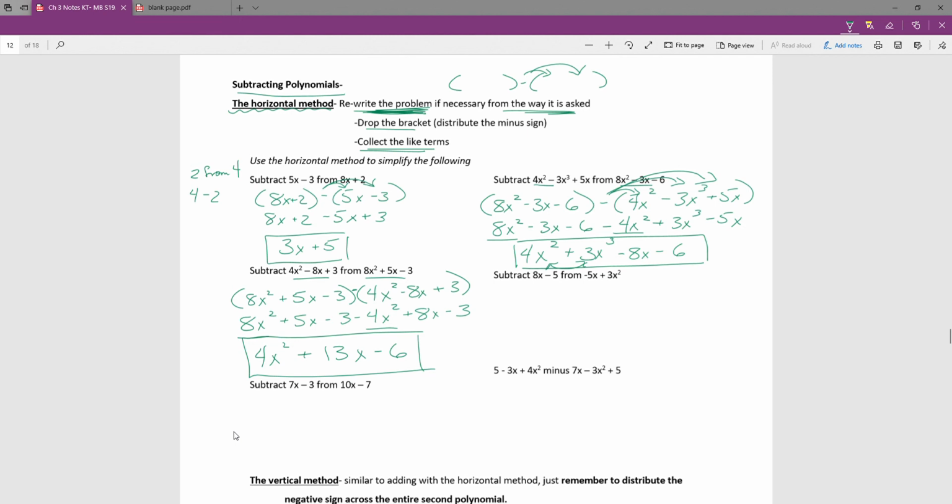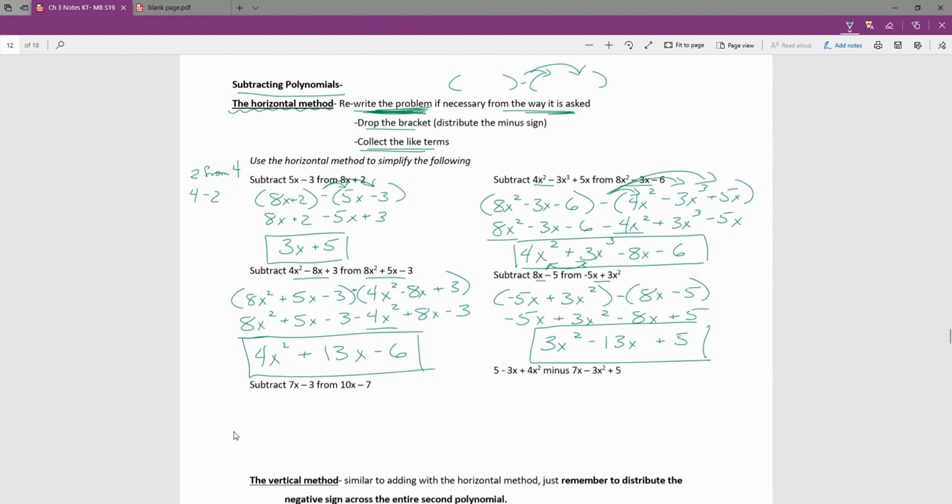Last few here, we want to subtract this from that. So rewrite it, drop your brackets, and collect up your like terms. This time I didn't get flustered and wrote it in descending order.